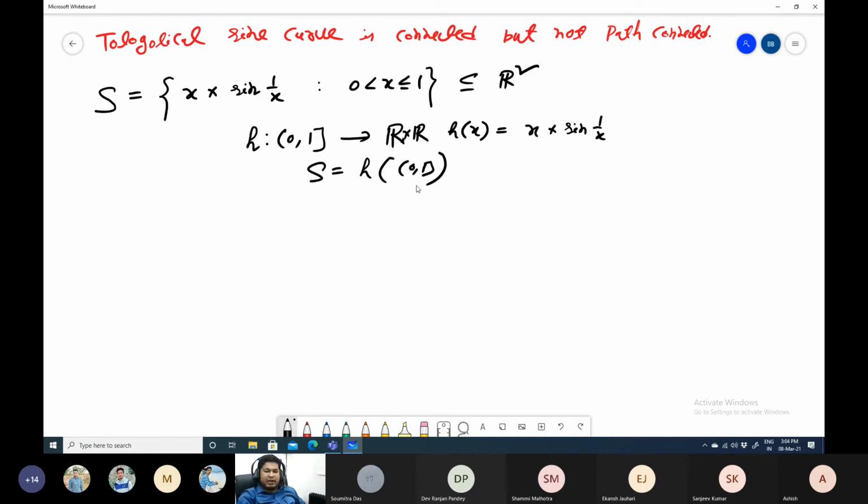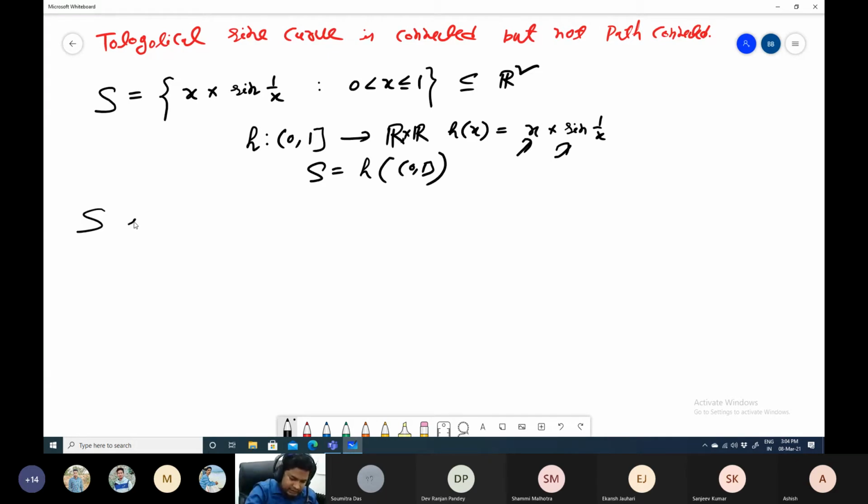Now that 0 1 interval is connected and path connected, and S is the continuous image of this. So therefore S is path connected as well. And why is f continuous? Because each component, this and this, both are continuous. So S is an image of a continuous function. Therefore S is connected as well as path connected.